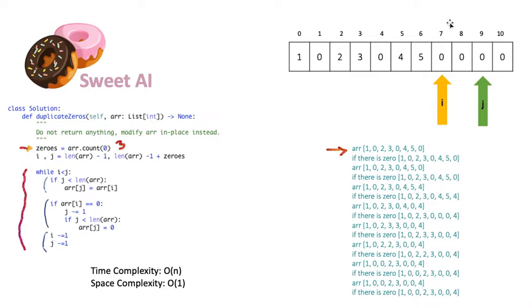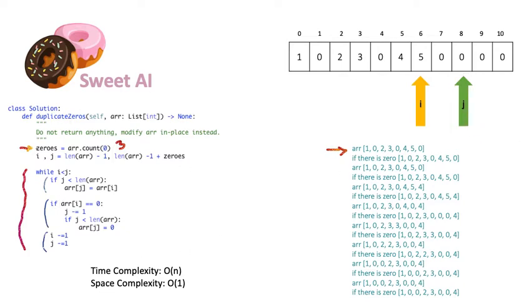But j is not smaller than the length, so we do nothing. Then we go through the third step, which is moving pointer i and pointer j 1 step to the left.